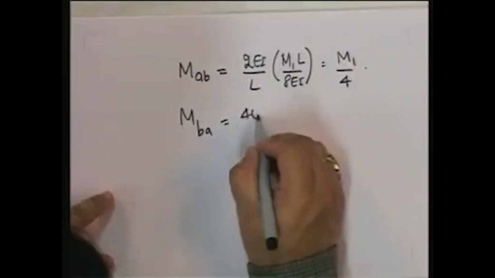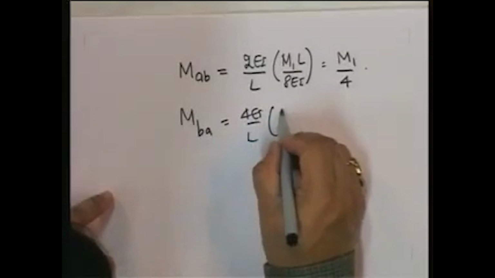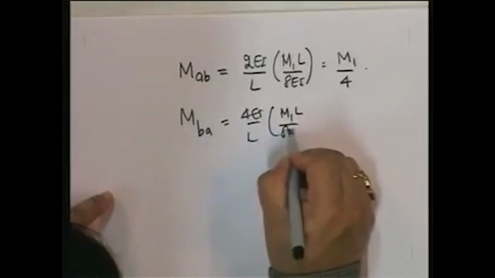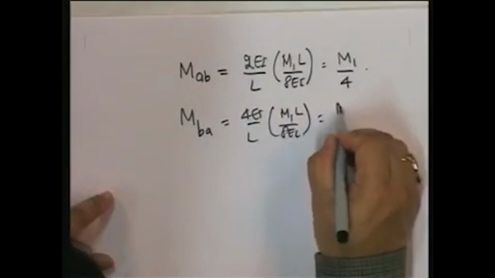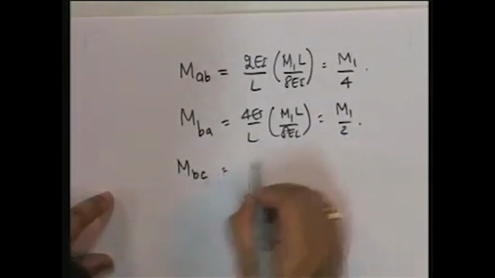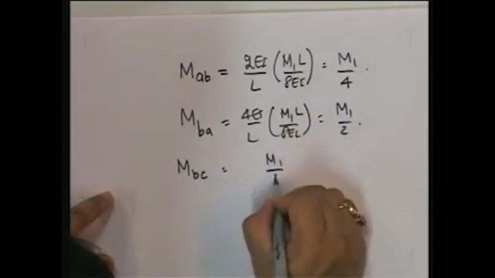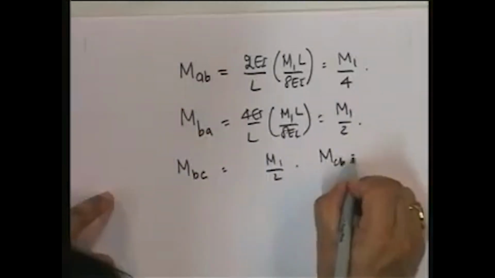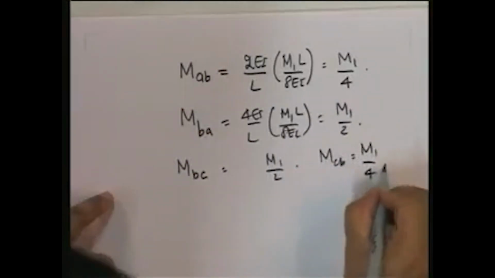MBA, which is 4EI upon L theta 1, is going to be M1 upon 2. MBC similarly will be M1 upon 2, and MCB similarly will be M1 upon 4.